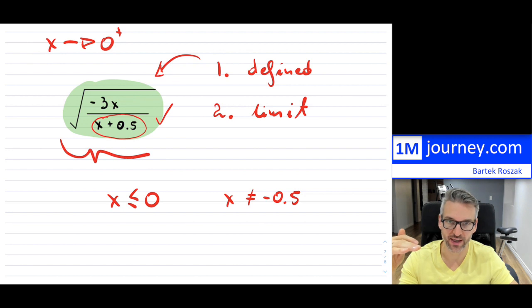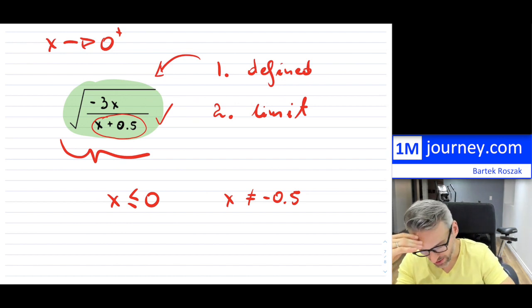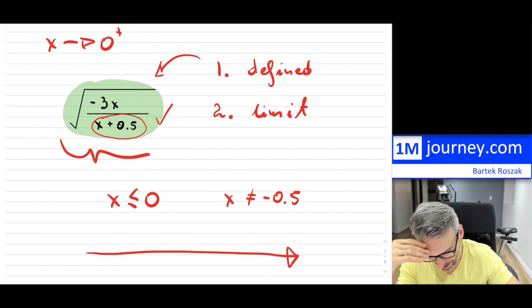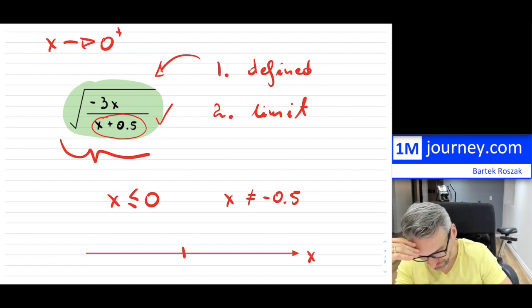So it's not defined there. Now, just because it's not defined there doesn't always mean, as we saw, that there is no limit. However, we're trying to see where it is defined. Now, as we're going along here with x, what we found is that we're kind of stuck at 0, so it's not defined over here.